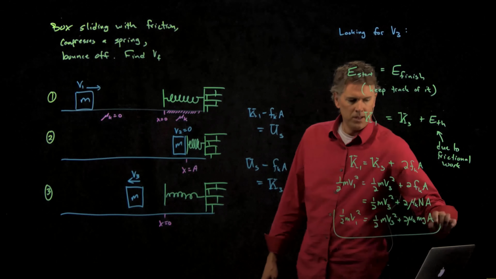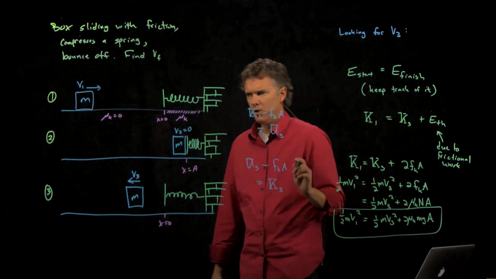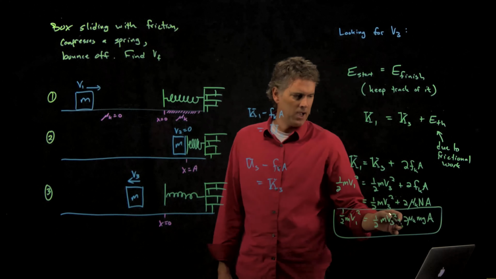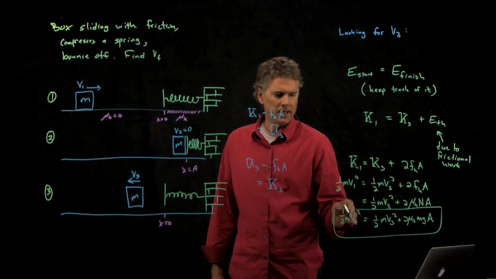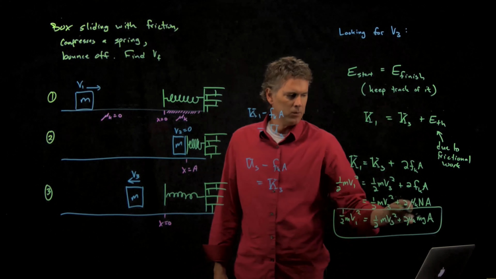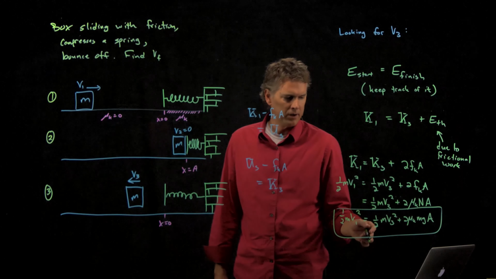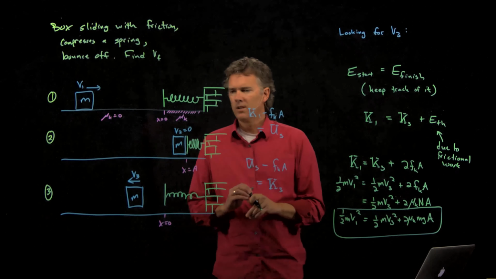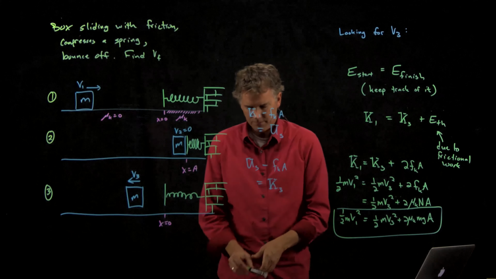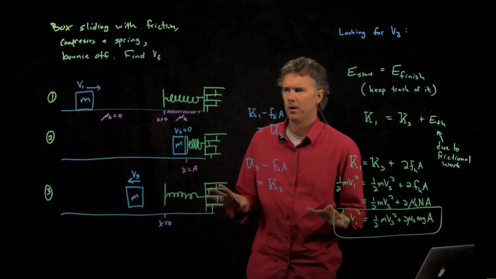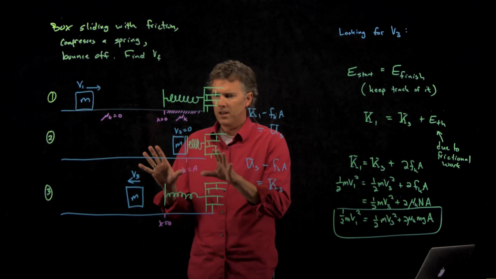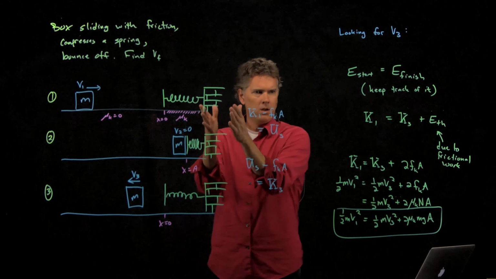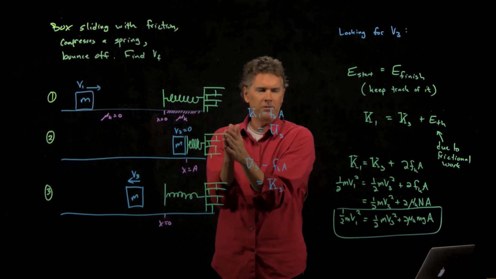So now in a problem like this, you would have mu k, you would have the mass, you would be given the input speed, you would be given how far it compresses the spring, and you would be able to solve it for V3. What's kind of interesting in this problem, which is not exactly the same as your homework problem, is we've essentially removed the spring.